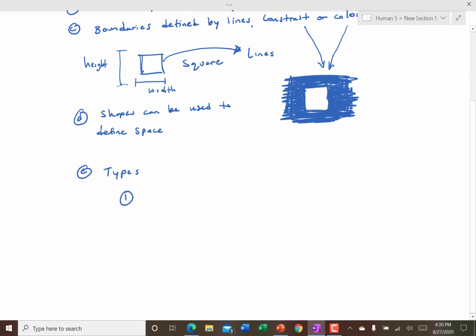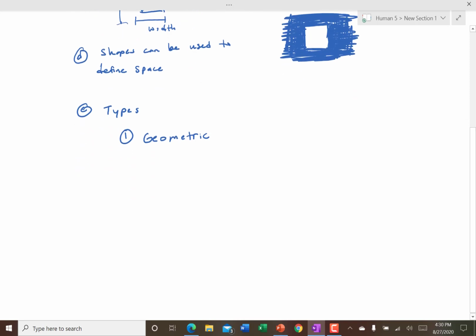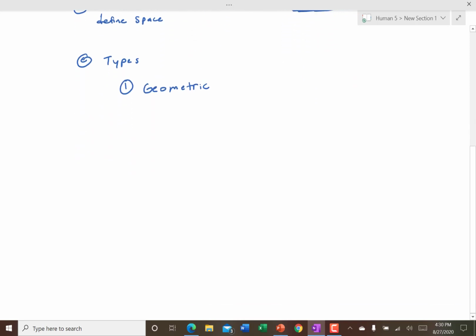So the first is geometric. Geometric shapes are composed of regular lines and curves.